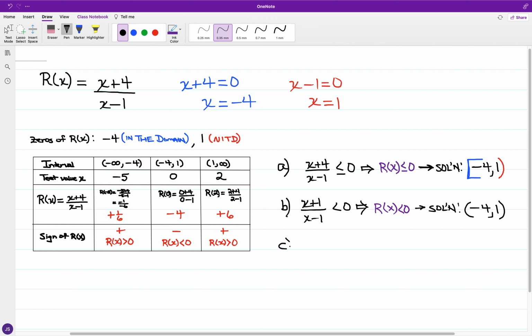Now for what we have in the case of part C, now we're going in the other direction, whereupon we have x plus 4 over x minus 1 is greater than or equal to 0. So we're looking at where r of x is greater than or equal to 0.